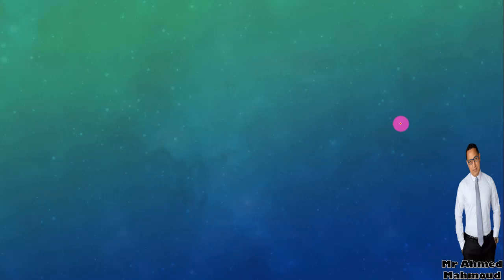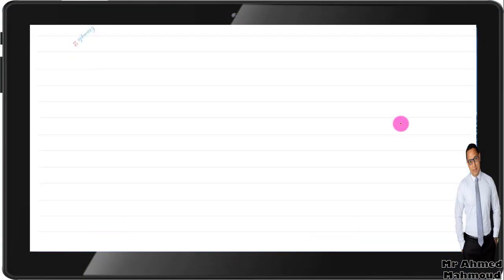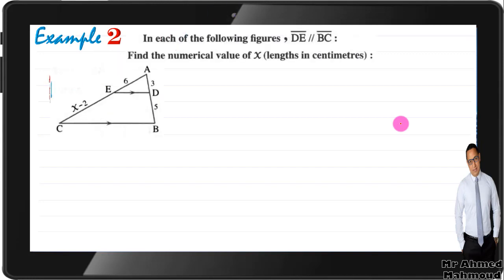The next question. Here exactly the same, he asked me about the length of x. So it's better to use 3 over 5 equals 6 over x minus 2.